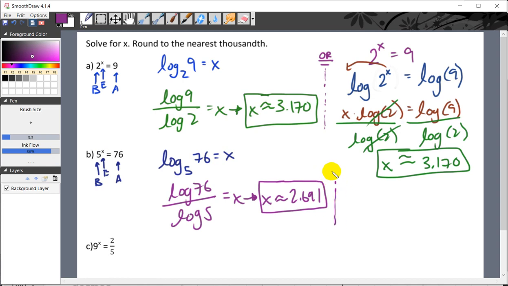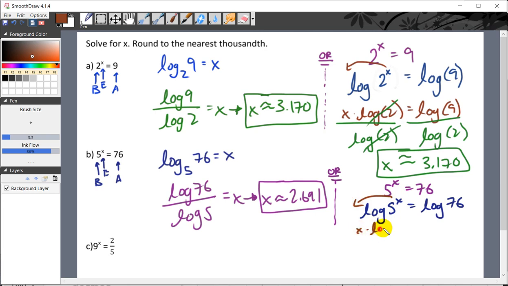So I can show you this method here. We have 5 raised to the x equals 76. We can write both sides with a common logarithm. So this is log of 5 raised to the x equals log 76. Now this x drops down.